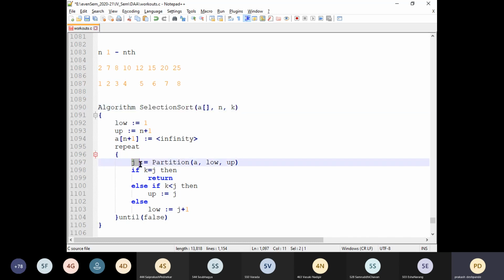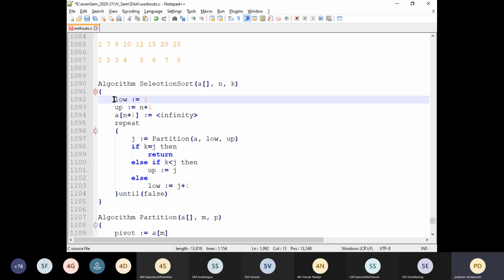Based upon the partition value, either we proceed further with more partitions, or we stop at a particular position. Divide and conquer means we divide the original problem into a subproblem, and if that subproblem is the solution, we stop there itself. That is the technique we use in divide and conquer.